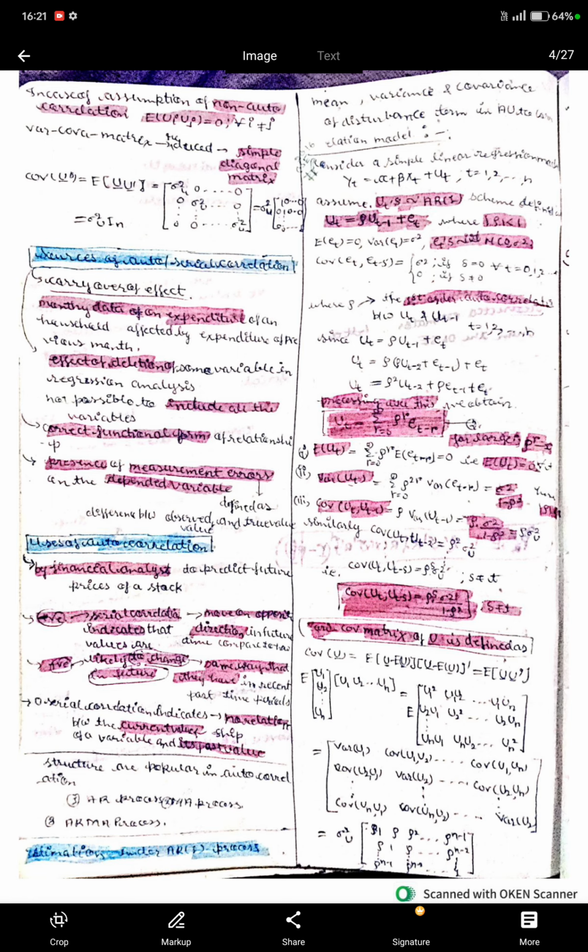Since ut equals rho ut minus 1 plus et, and we know the AR1 process can be changed into an infinite order MA process, ut can also be written as ut equals the summation over r from 0 to infinity of rho to the power r times et minus r. For large r, rho to the power r tends to 0, since rho takes values from minus 1 to 1, and as r tends to infinity it gives 0.